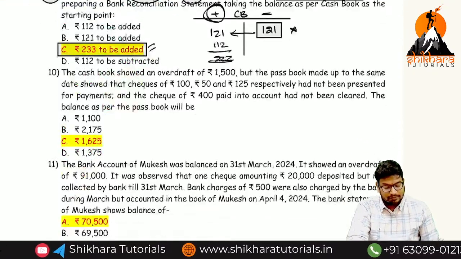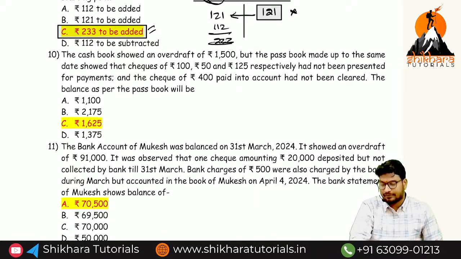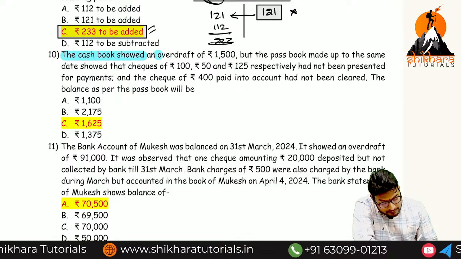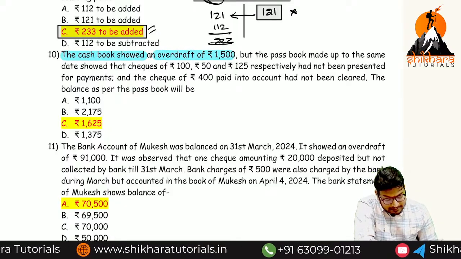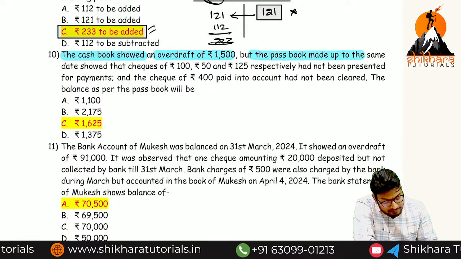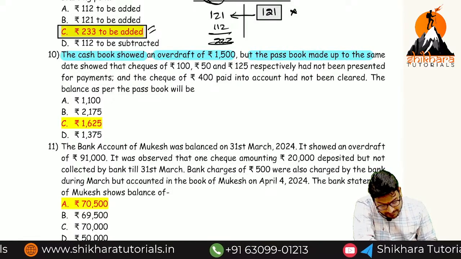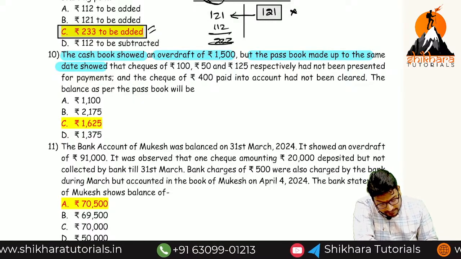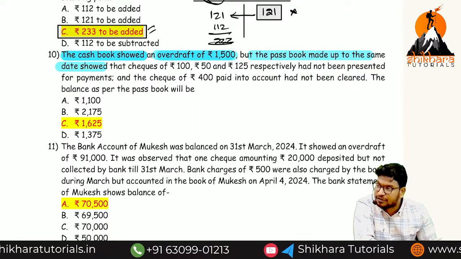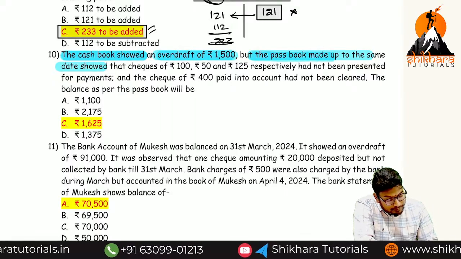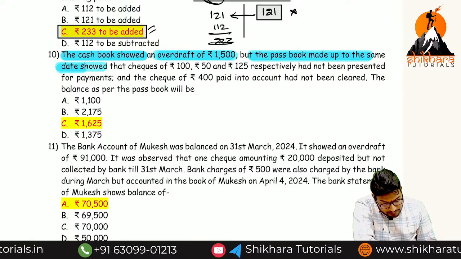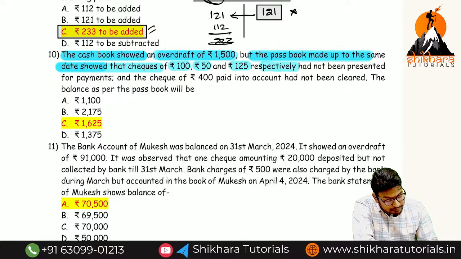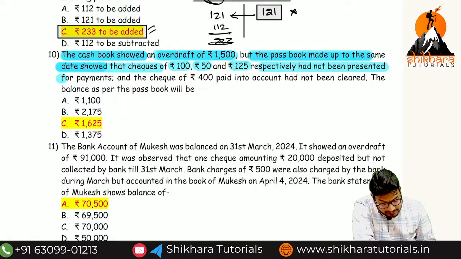Okay. Next, the remaining are all the same as the previous one. The cash book showed an overdraft of rupees 1500, but the passbook made up on the same date showed that the checks of rupees 100, 50 and 125 respectively had not been presented for payment.